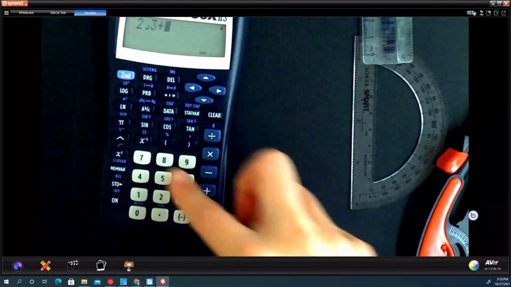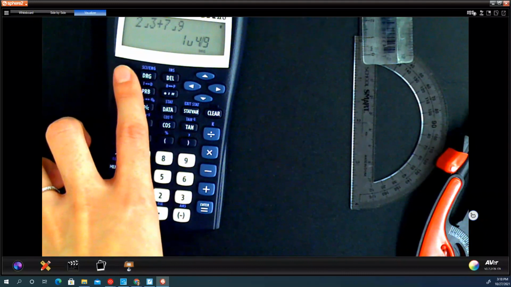So say we want to do like 2/3 plus 7/9. Something like that. And it'll give you the fraction then. If you want to know what it is as a decimal, you can hit this button. It'll change it to a decimal for you. Want it back to a fraction? Here.